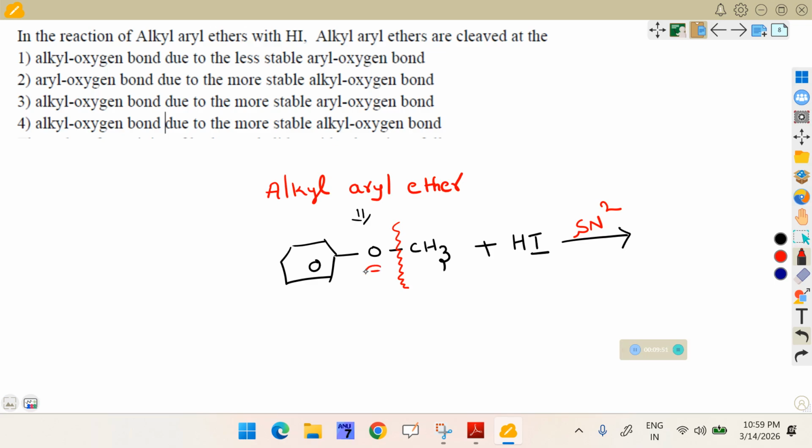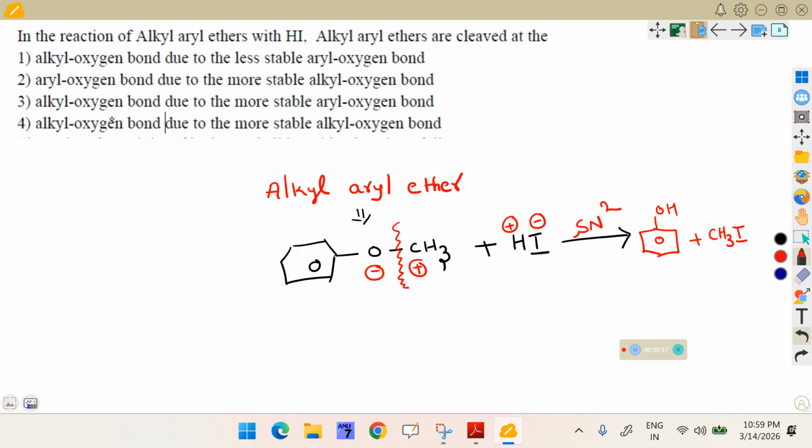Then oxygen gets negative charge, alkyl group carbon gets positive charge. Break the bond between hydrogen and iodine. Hydrogen gets positive charge, iodine gets negative charge, and it gives C6H5OH plus CH3I. So what is the correct answer?